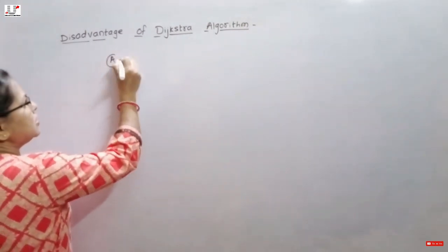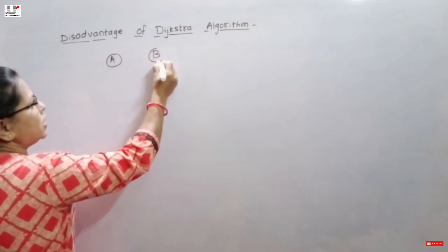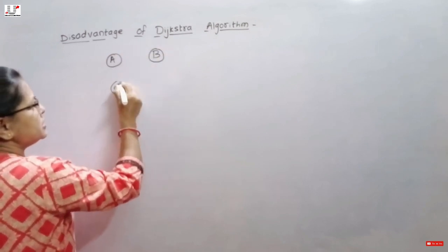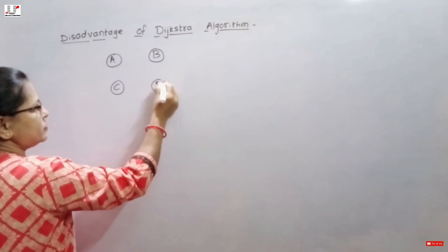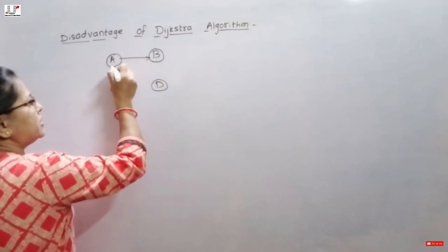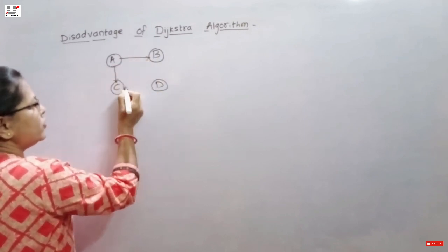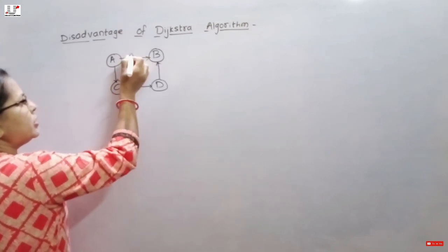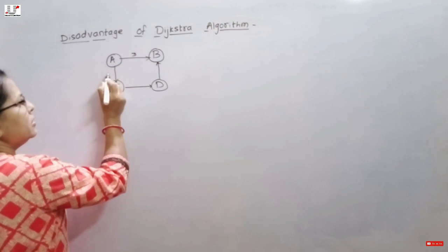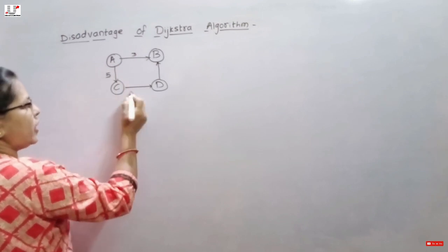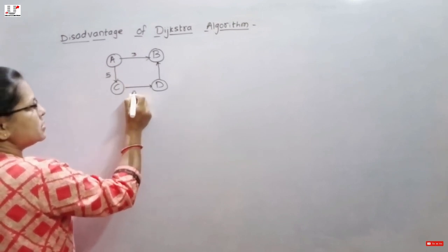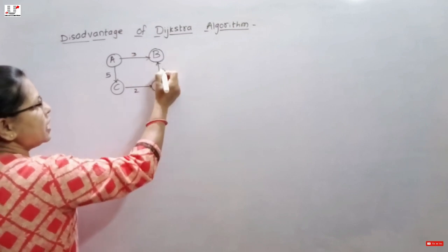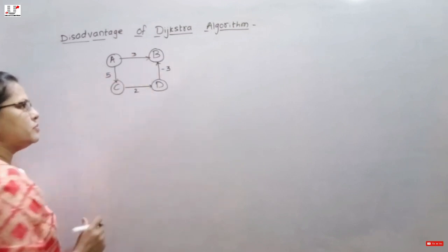Suppose 4 vertices are there, A, B, C and D. It's a directed weighted graph having the edge from A to B as 3, A to C as 5, C to D as 2 and D to B as -3.